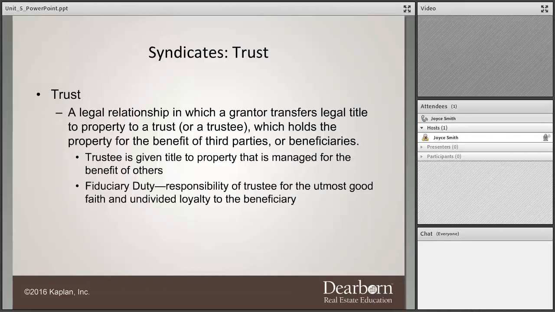As a realtor, you have a fiduciary duty to your clients and customers. It's a responsibility to put forth this good faith, undivided loyalty to the beneficiary, hold that person in the highest regard, and do everything better than you would for yourself for that person you have this fiduciary relationship or responsibility for. So a trust, again, through the syndicate process, they put it into a trust and run it that way.